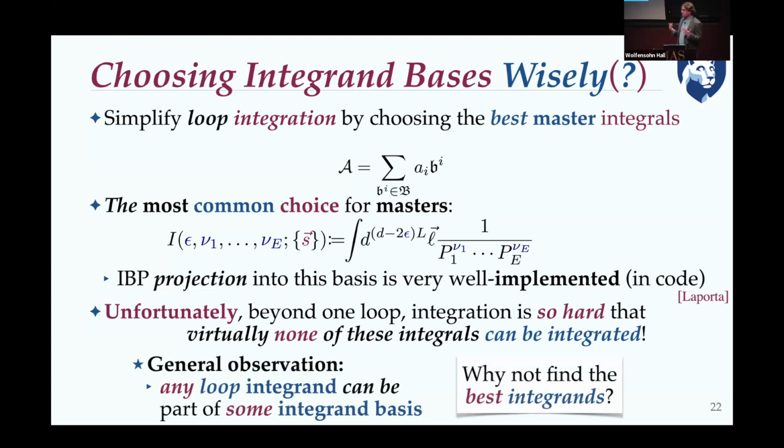Moreover, this has nothing to do with the quantum field theory in question. Meaning that if you find a Feynman integral-like thing, an element of cohomology, whether it's coming from a Feynman graph in a particular theory or not, if you find something nice, it is a potential basis element in any basis. So why not populate our basis of master integrals with the best conceivable integrals that are the nicest ones?